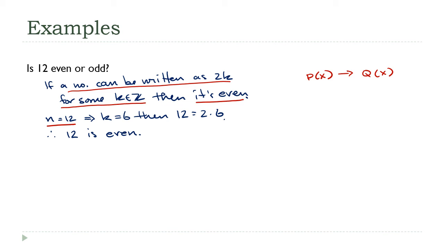I said for n equals 12, P of n is true, right? I showed it here when I found this particular k. Therefore, Q of n is true, right? So what I have here, my argument, is just a specific example of universal instantiation, which we know is a valid argument form.